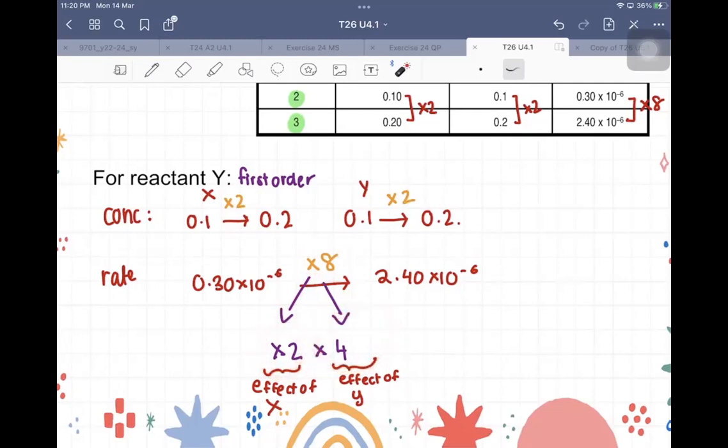So as you can see, as x doubles, the rate doubles as well. As y doubles, the rate quadruples. So this is how we can conclude that y is second order.